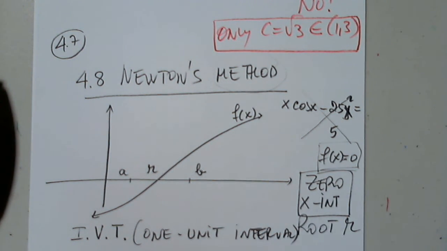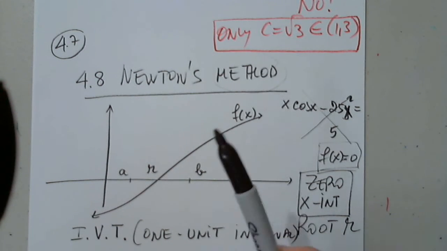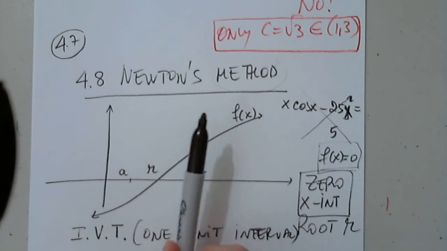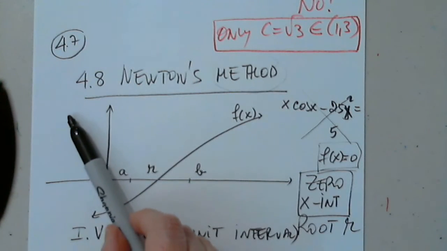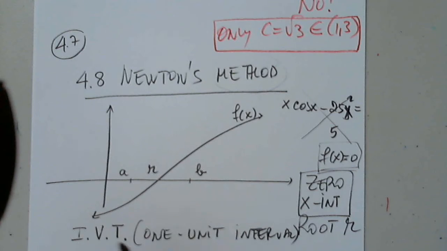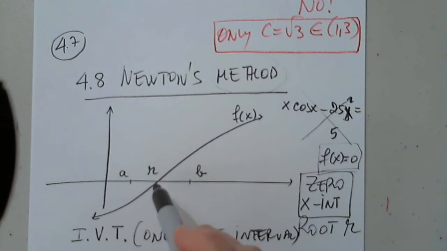If you remember from chapter 2, a continuous function that changes sign on an interval has to cross the x-axis, either from negative to positive or from positive to negative, at least once.